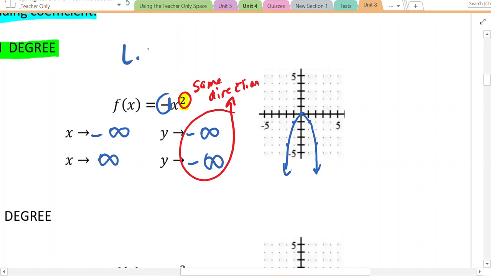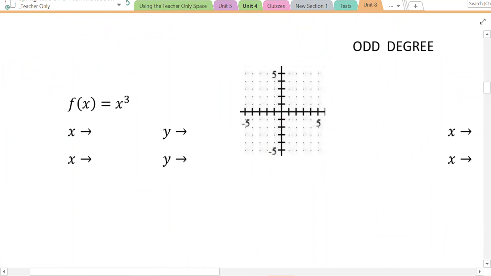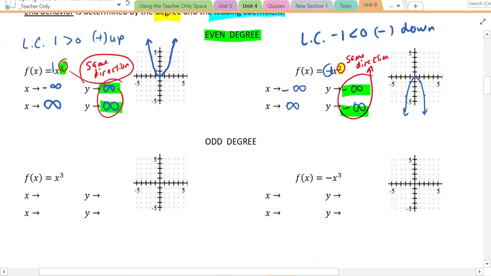So my leading coefficient is -1, which is less than 0, which means it's negative, so it's going down. They both go down. All right. So that's even.